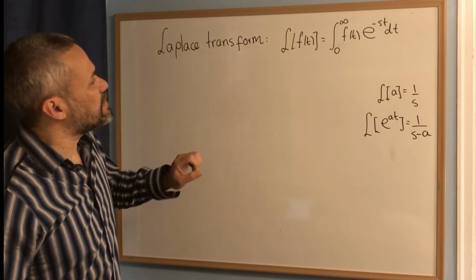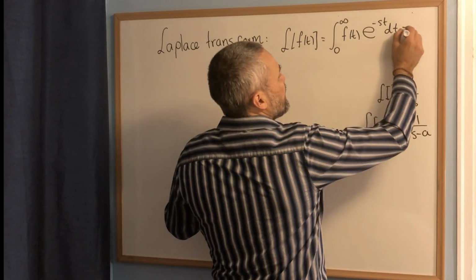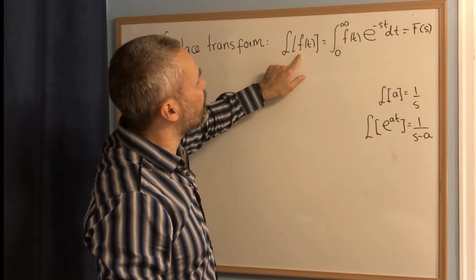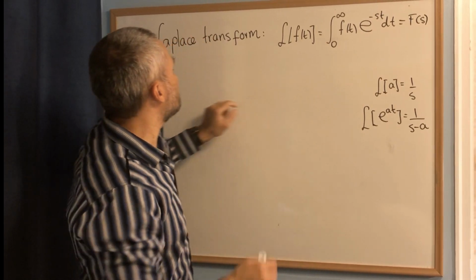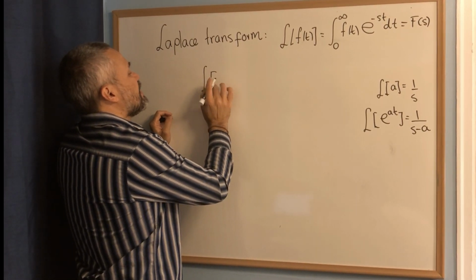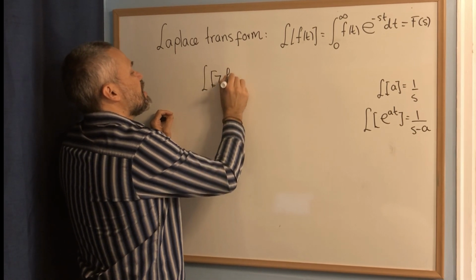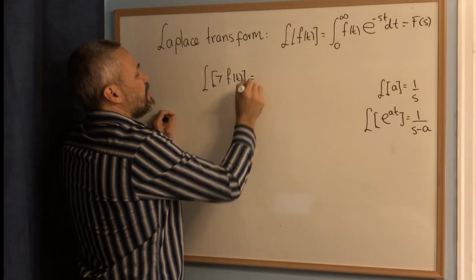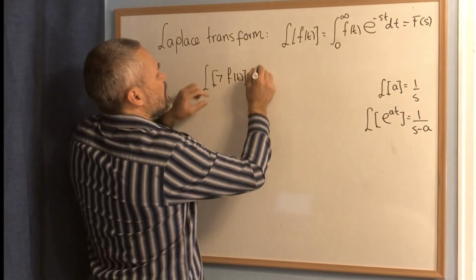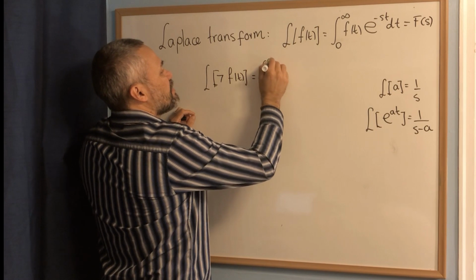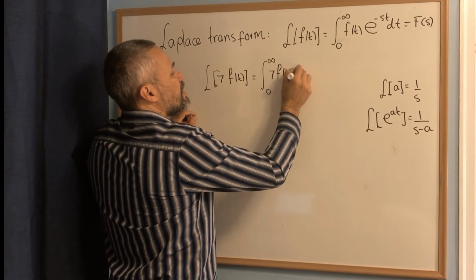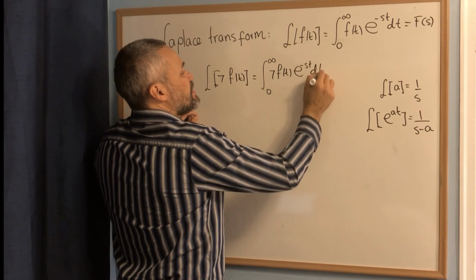And something that is easy to check is that if the Laplace transform of a function f of t is capital F of s, what would be the Laplace transform of, let's say, 7 times f of t? Then when we follow the definition, the new function is 7 times f of t, so it will be the integral from 0 to infinity of 7 times f of t e to the negative st dt.